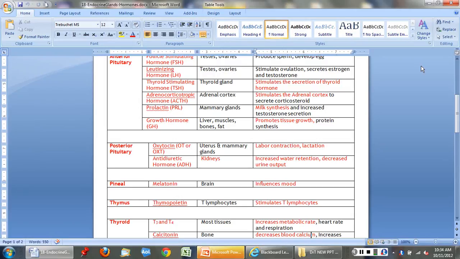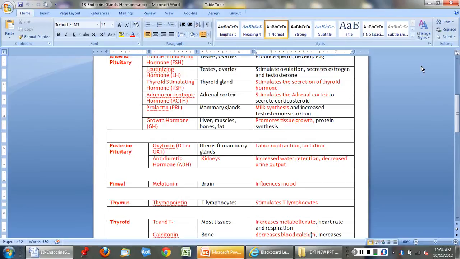Dehydration. Yes, if you're dehydrated, the body needs to hold on to the water because dehydration, as we know, can be fatal as well. So this is just one mechanism the body has to hold on to water. So it decreases urine output.